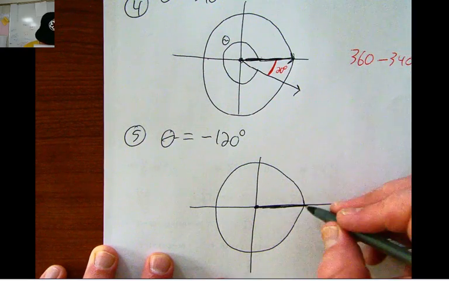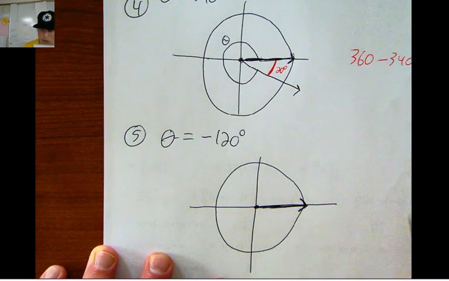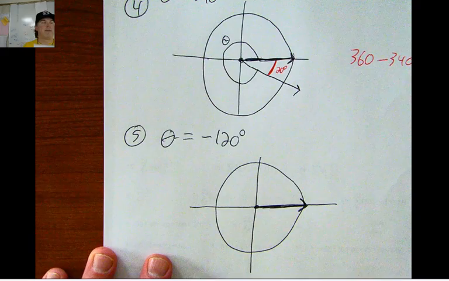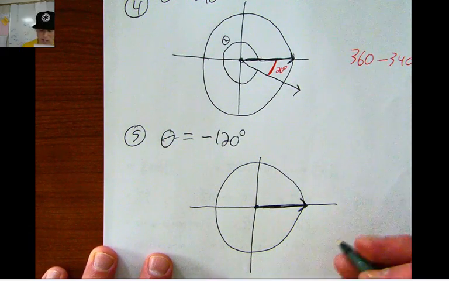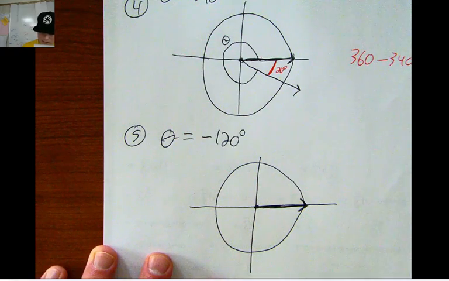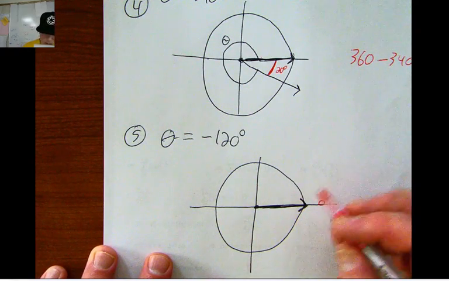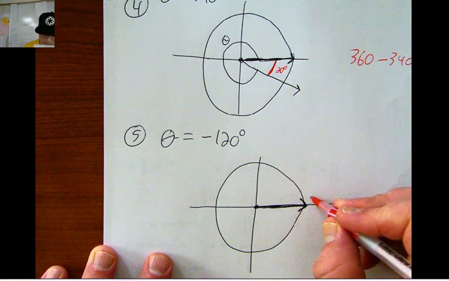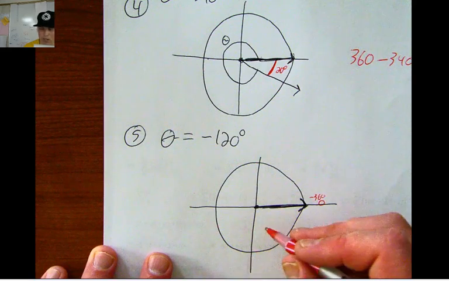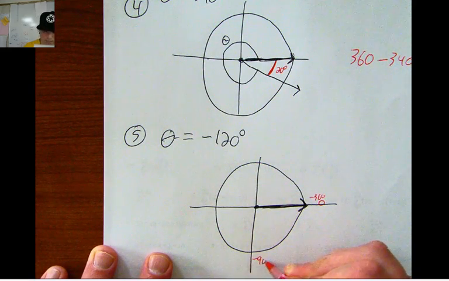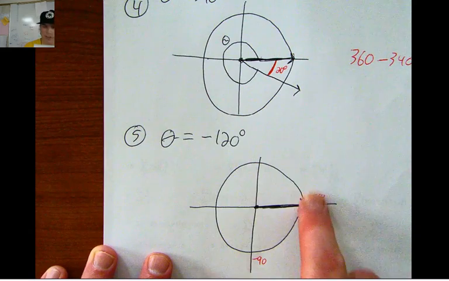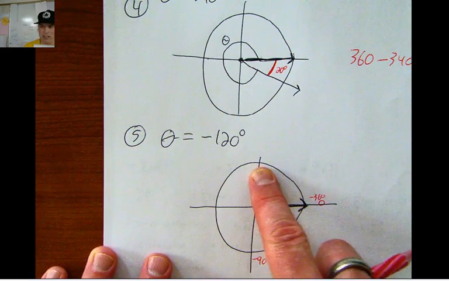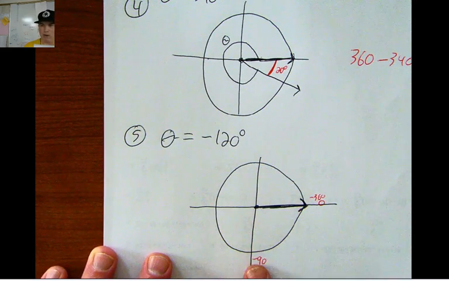So I put my initial side here. And then, if you're thinking negatives, this is 0. And if I travel this direction, it would be negative 360 when I get all the way around. So down here, instead of being like when I went in this direction, that was positive 90. So if I travel in my clockwise direction, the negative direction, this becomes negative 90.